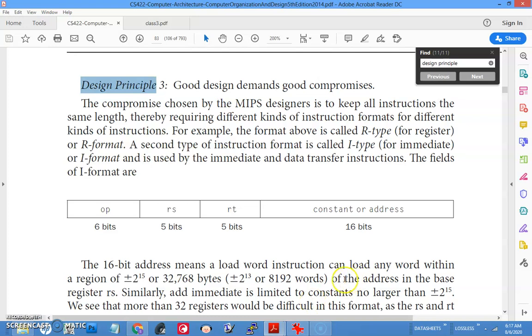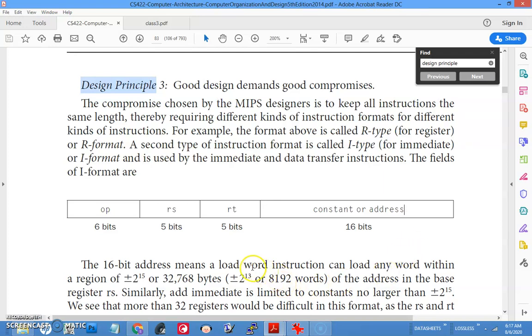This limitation on the immediate size is a compromise. You cannot have an immediate of more than 16 bits. Your immediate size is always limited to 16 bits.